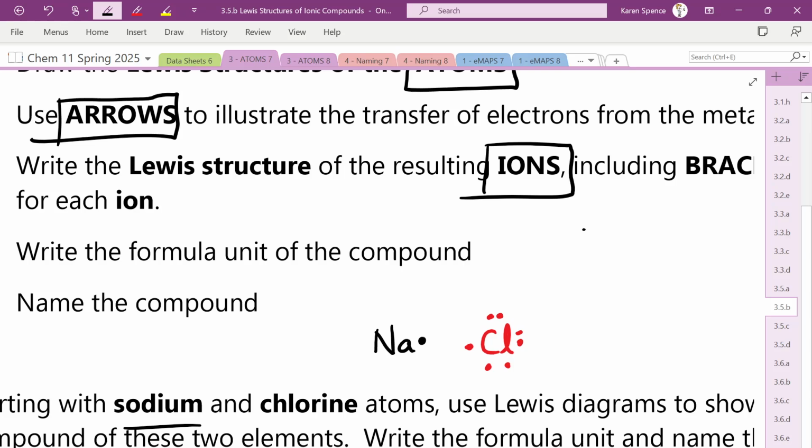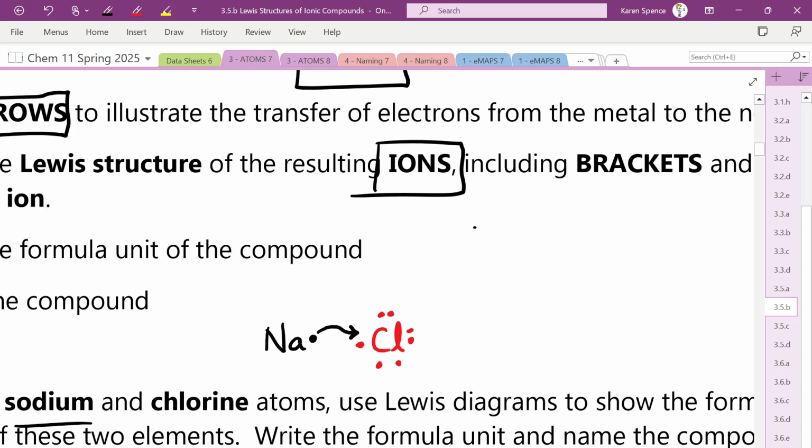What is our second A? Atoms and then arrows. Who is moving? The electron is moving. So this electron is going to move from here to here. So that's our arrow. Okay?